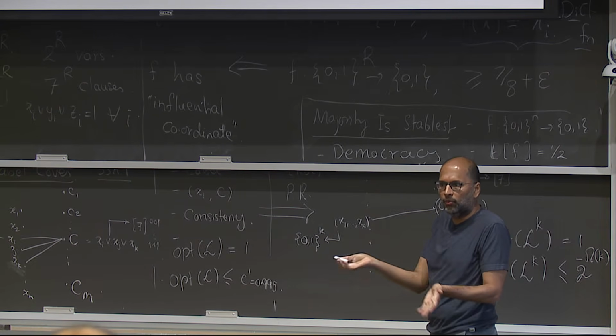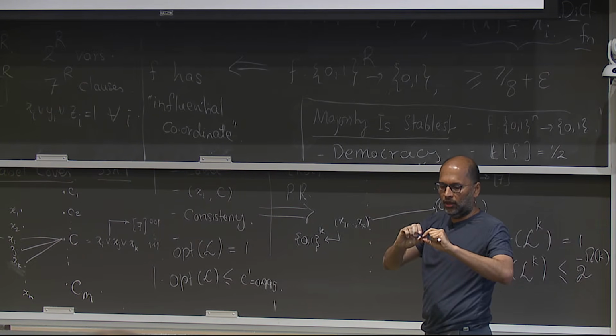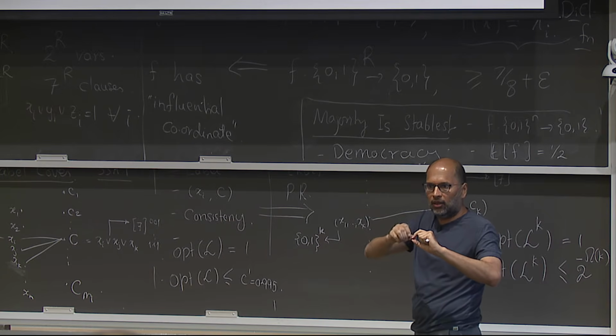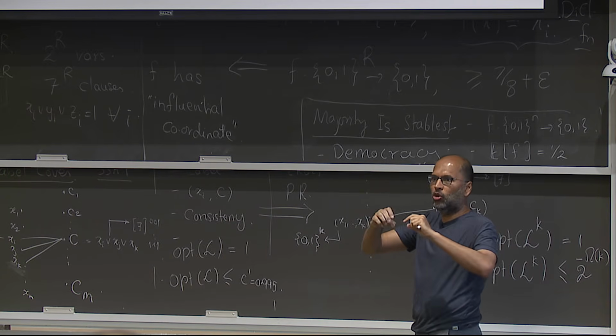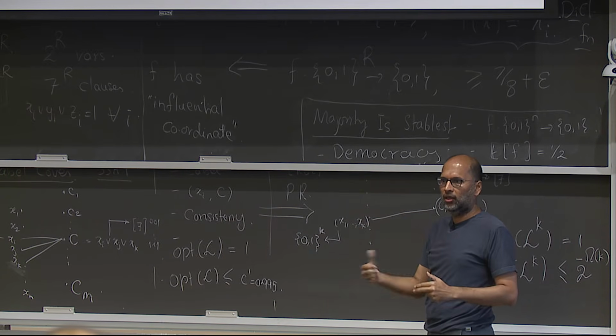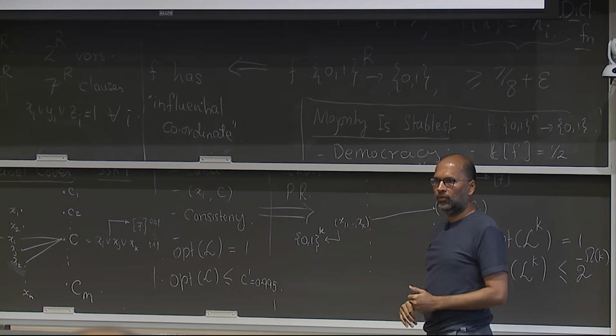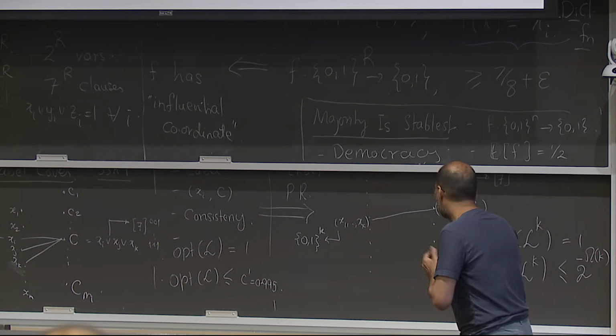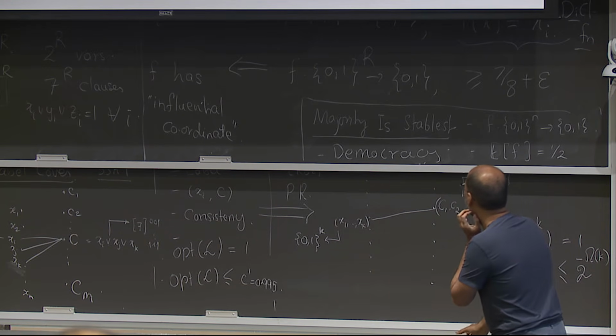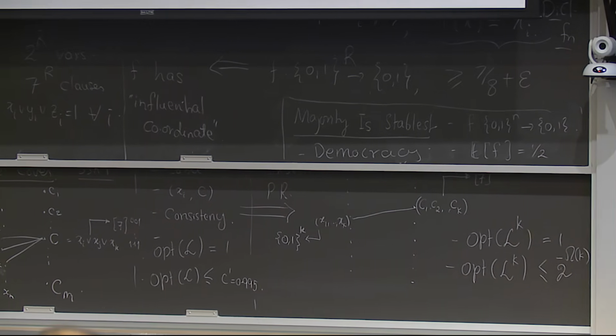It's clear what noise stable should mean: if I flip the value of each coordinate with some small probability, then the value of the function itself should not change with too much probability. Right? So that's it. I'll stop here.